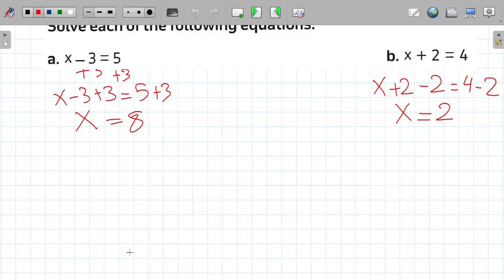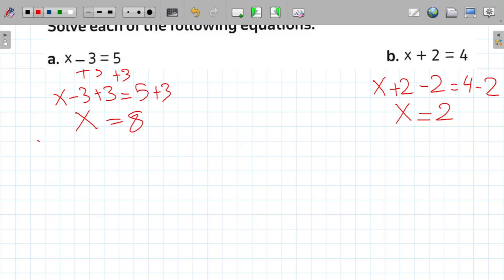When I want to find the value of x or put the x on one side alone, I will send the negative 3 to the other side, or I can use the inverse operation.